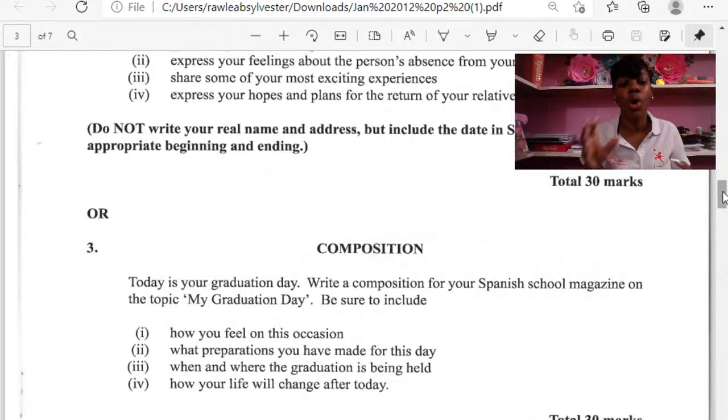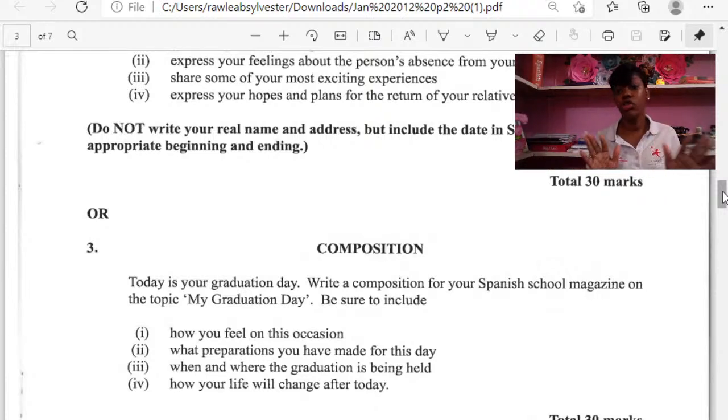Also use vocabulary that you are accustomed to using. I want you all to stop what you're doing and not use vocabulary that you are not accustomed to using. The exam day is not the day to get fancy and use a world of vocabulary. That is not the time. Use tenses also that you are comfortable with. If you're comfortable with preterite and imperfect, fine, go ahead.